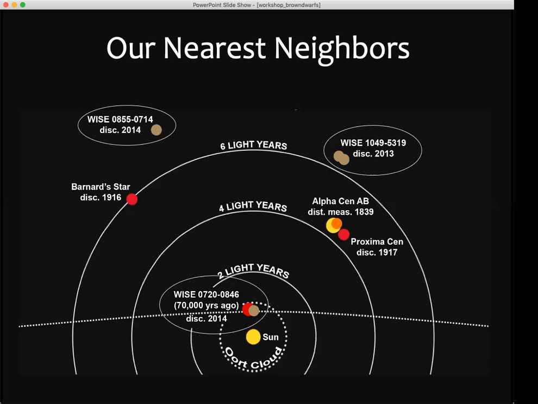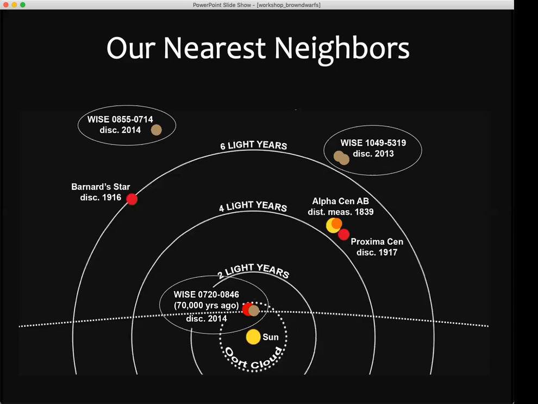So there's actually a lot, even near the sun, that we're still finding because they are so faint and so hard to see. And part of what we're doing in this research is looking for more of these kind of nearby things. We have a couple news sources, for example, just in the last month that we found that are about 30 light years away. So it's kind of off the scale of the chart, but that's still relatively close compared to most of the stars that we see in the sky.